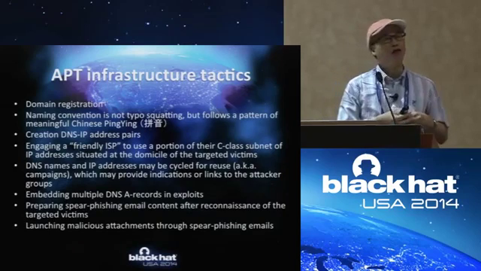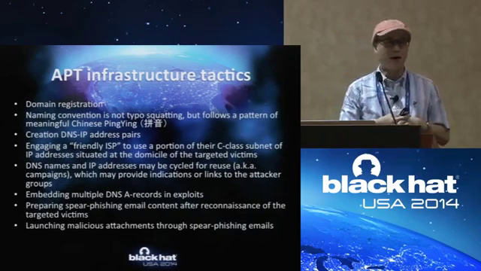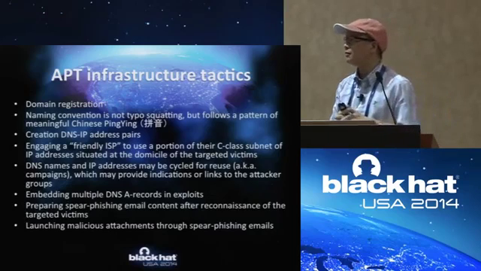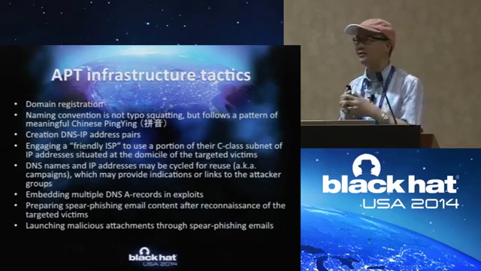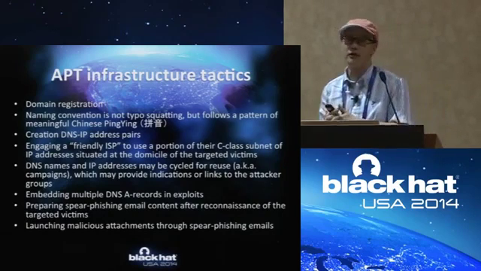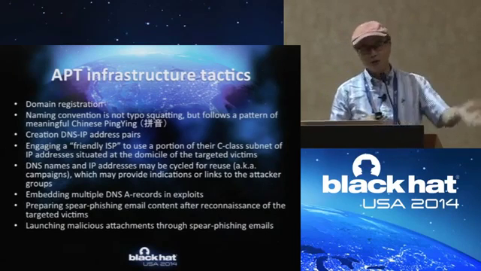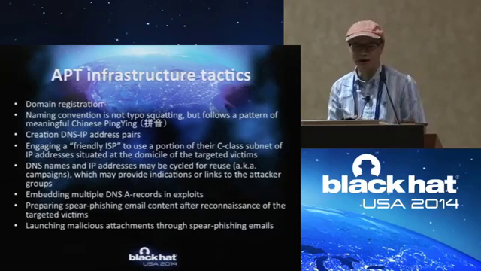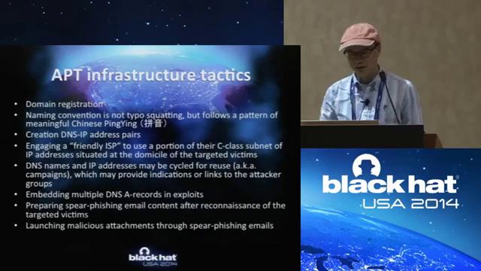The next step, I assume that they prepare DNS and IP pair. And further, I assume that they may use some friendly ISP to rent a small portion of the CCAS address at the location or the domicile of the victim group. And then they put the domain name and IP address along, depending on what campaign they're using.